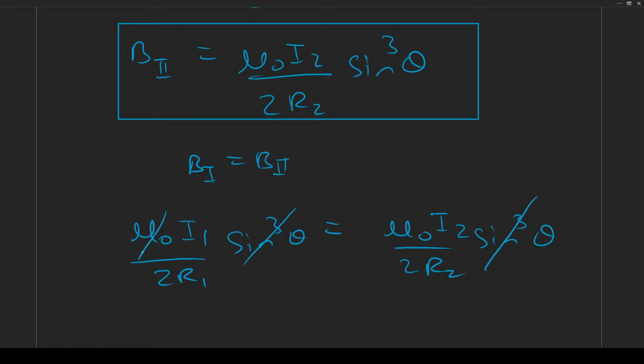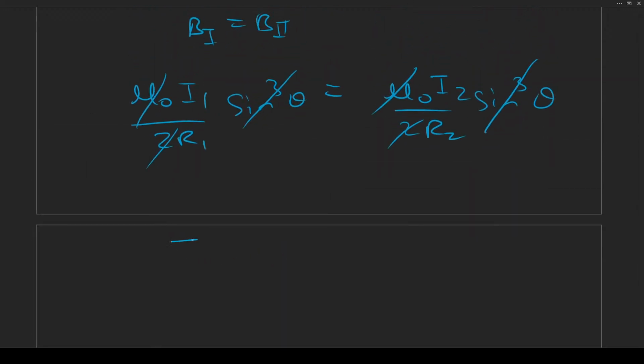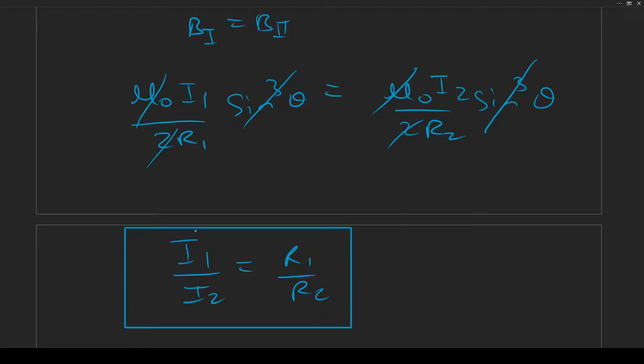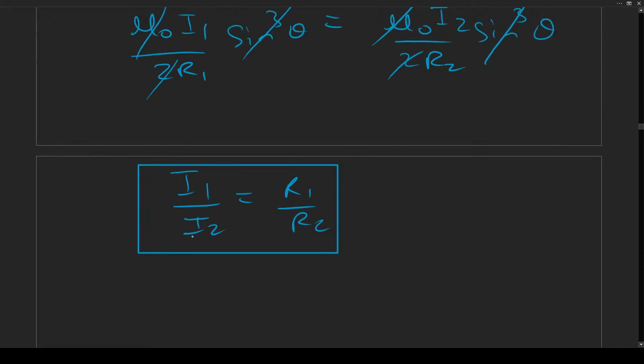Mu naught, 2 and sine cube theta cancel. So I1 by I2 is equal to R1 by R2. This is the final answer, if and only if B1 equals B2 and they are opposite in nature.